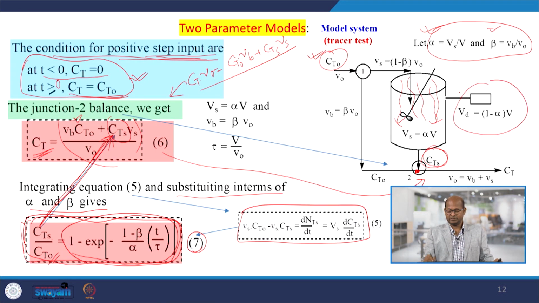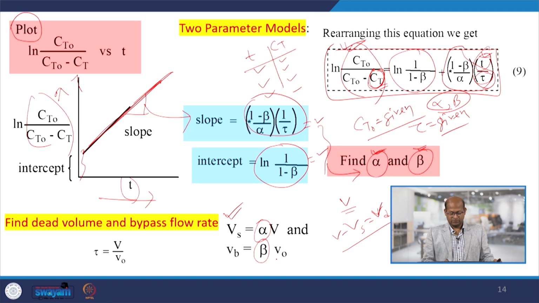Similarly in the case of beta, we have the volumetric flow rate we pass through the reactor, but Vb is the volumetric flow rate bypassing, meaning channeling is there.